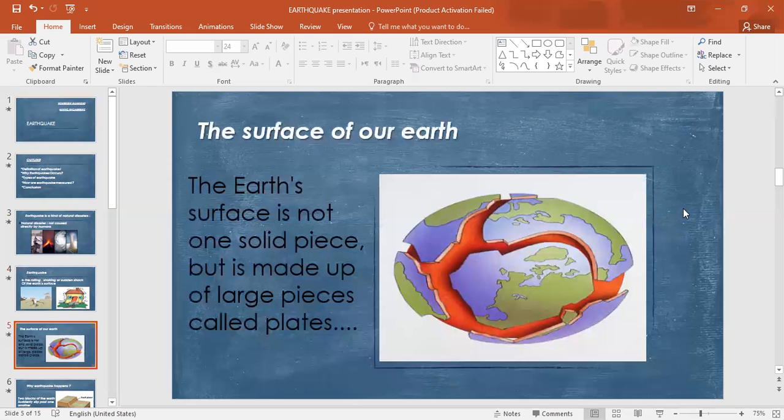So before we go to why earthquake happens, the occurrence of earthquake, we have to get an idea about our Earth's surface. The Earth's surface is like a puzzle. It's not a single piece of land, but it's around 20 pieces of puzzle. This puzzle slowly moves under us, though we can't feel it, and those pieces are called tectonic plates.